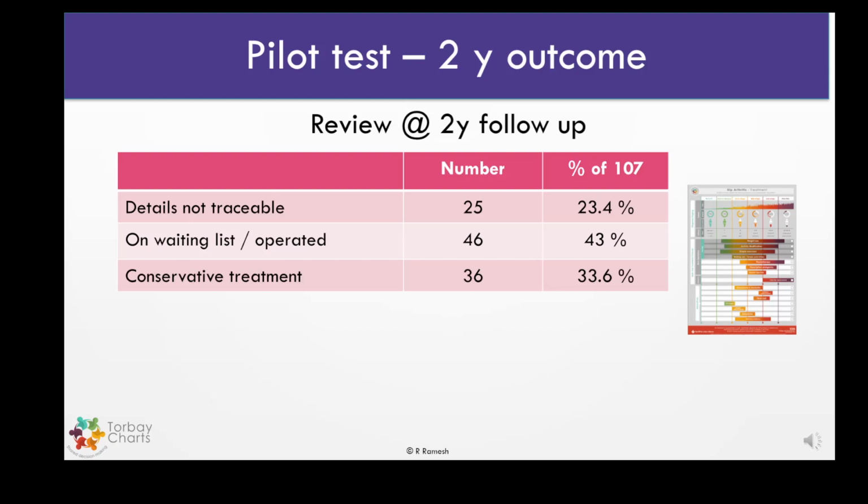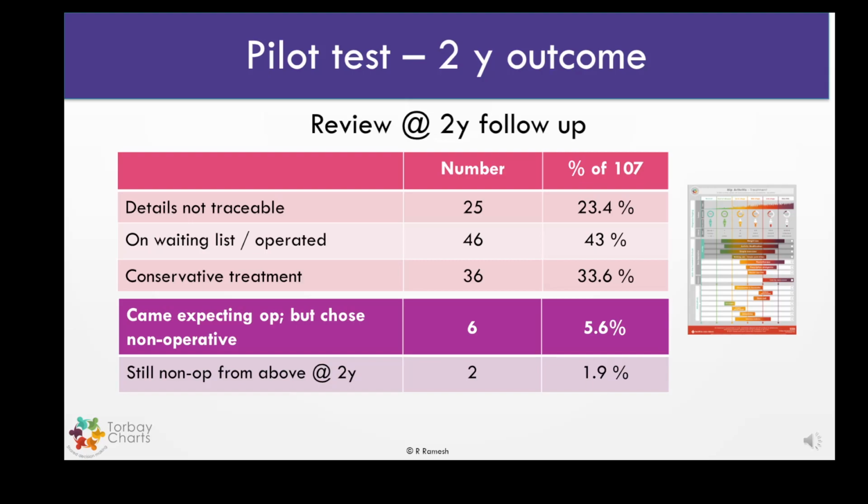What was interesting was that 5.6% of patients who came into consultation expecting to be listed for surgery chose non-operative treatment after going through the options appraisal. Of these, 2% were still happy not to undergo surgery, suggesting that the use of PDA is not a delaying tactic.